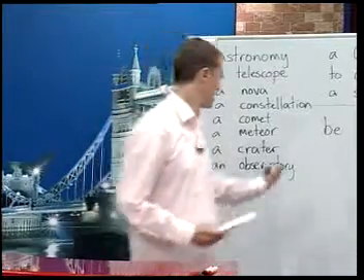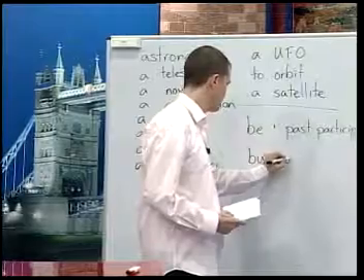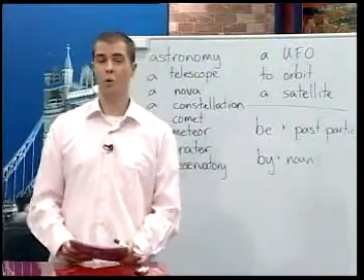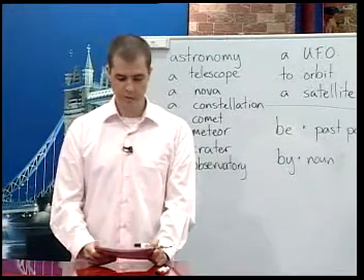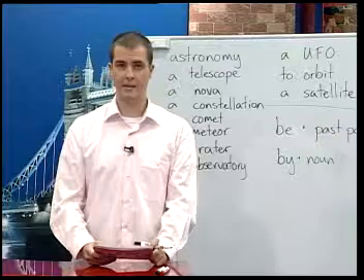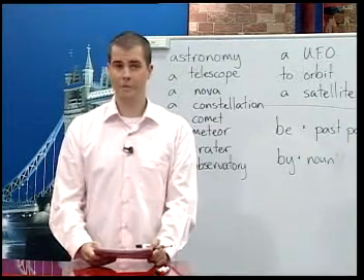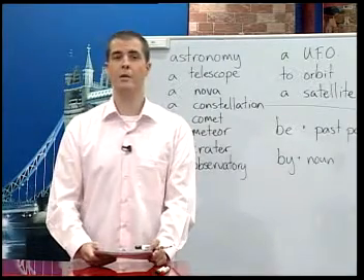By plus noun is sometimes used, but it's not always necessary. Now we need to use a transitive verb for these passive sentences. A transitive verb is a verb that is followed by an object. Only transitive verbs can be used in the passive.